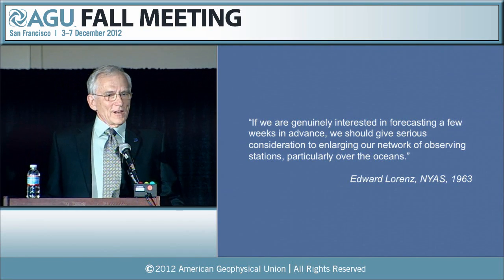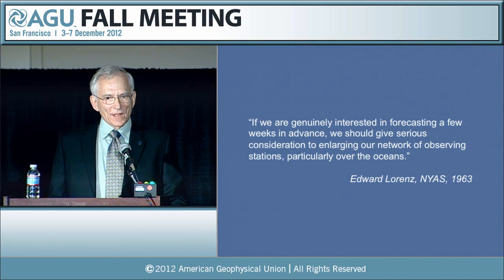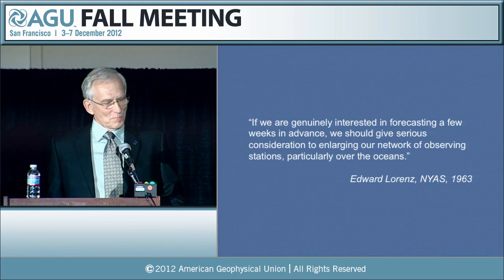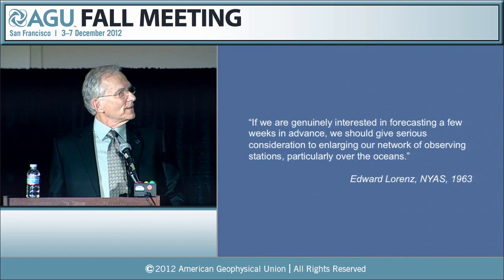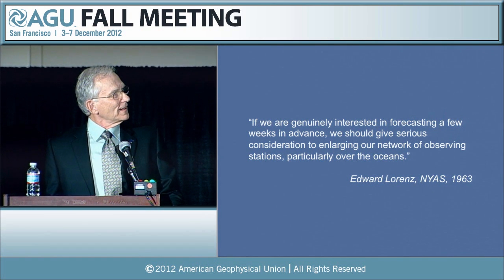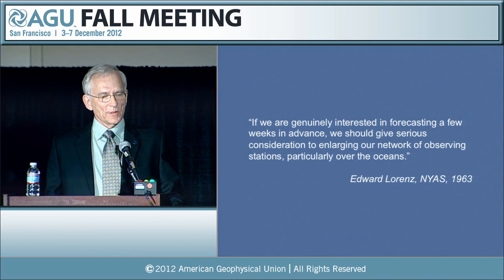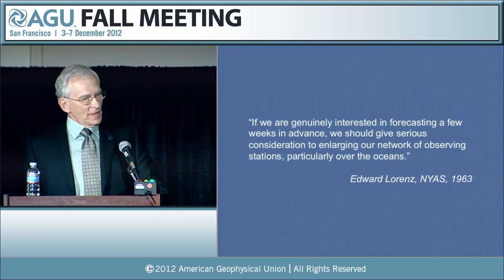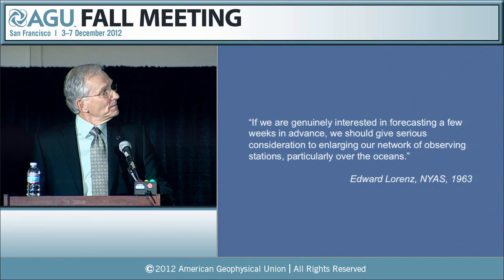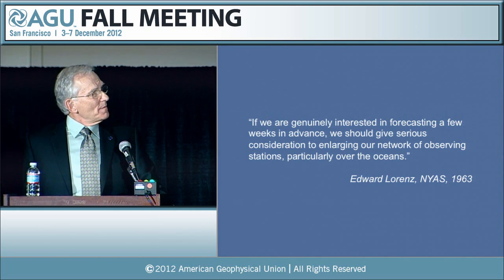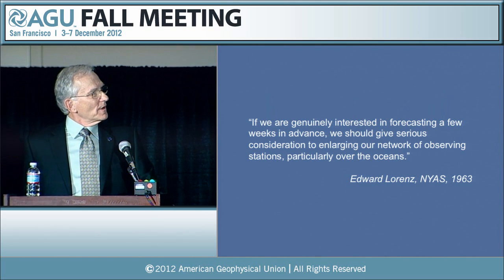Another thing going on in the early 60s was that Ed Lorenz was thinking a lot about predictability. This is not the quote you usually see from him, but you can tell from it what he was thinking: that he was recognizing the limits of predictability in the atmosphere, and could see that there was a promise for global forecasting.